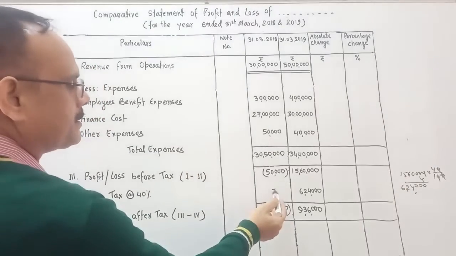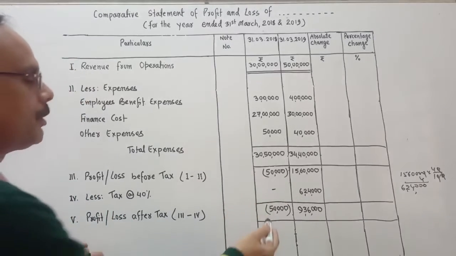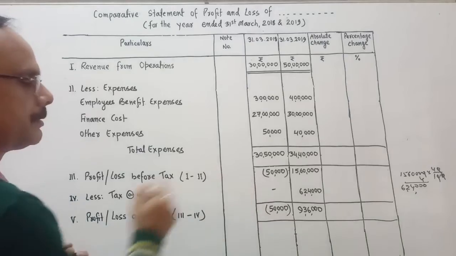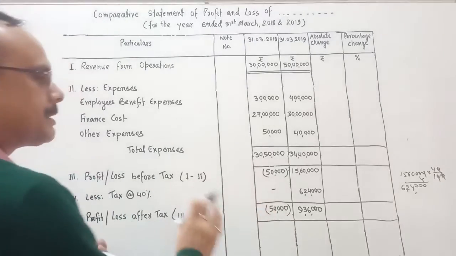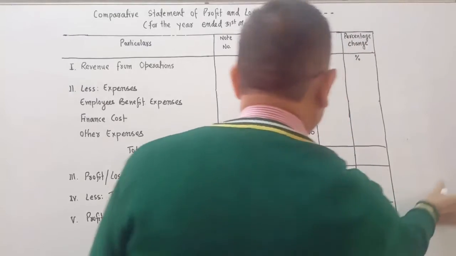Here there is no tax, so the loss continues. Profit after tax or loss after tax is this, because the situation is a loss situation.